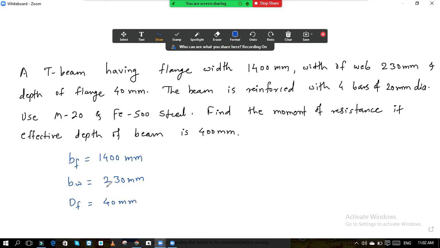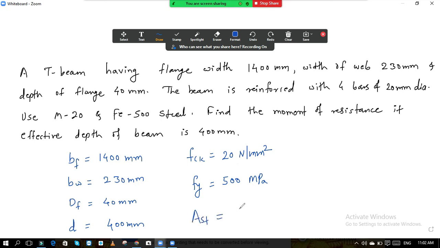Then what else is given? Effective depth d is 400 mm. Then FCK is 20 Newton per mm square or megapascal. Then Fy is 500 megapascal or Newton per mm square. Okay. All these things are given. We will calculate AST here.